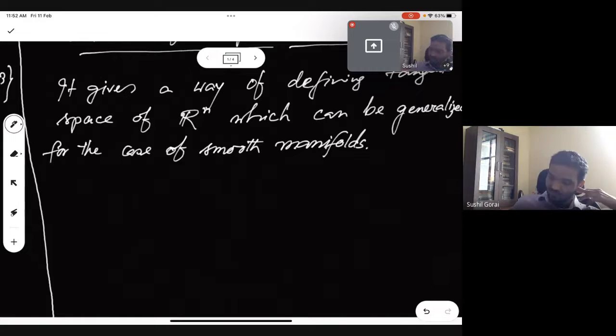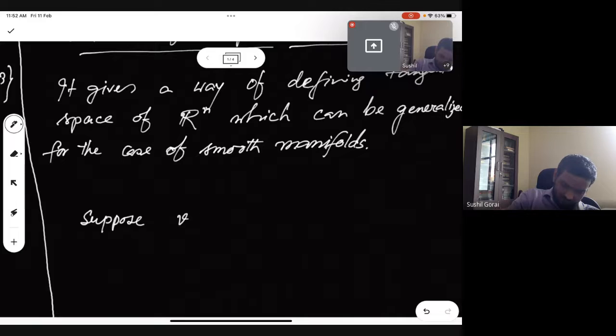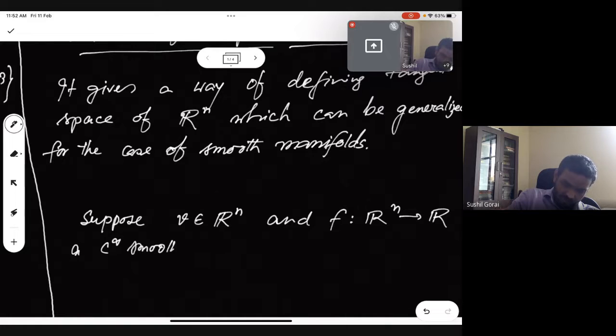And then the following, suppose V is a vector in Rn, right? And f from Rn to R a smooth function. C1 is good enough, but anyway, it's fine if we take C infinity.